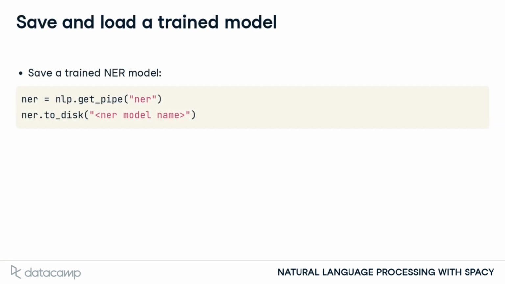After we have trained a model, the next step is to test the model. For this purpose, we need to save and later load it. We use the get_pipe method to get the trained pipeline component. In our example, we trained an NER model, and hence, we get the NER component and save it to the disk using the ner.to_disk method, passing a model name.